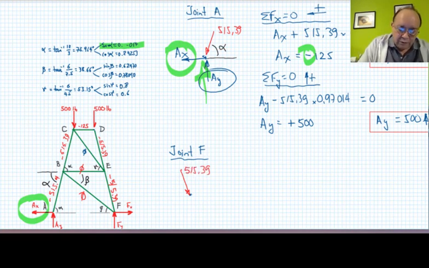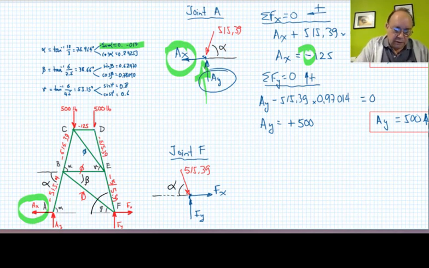Another force going to the right that we call Fx, and another coming up Fy, and then this angle here is alpha.